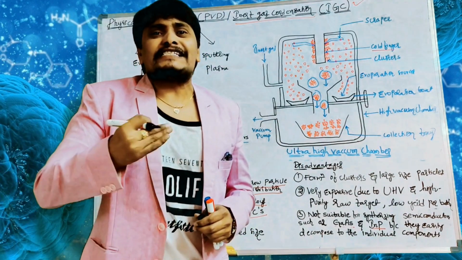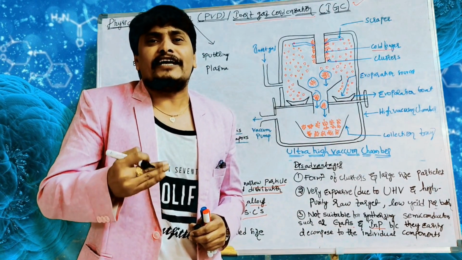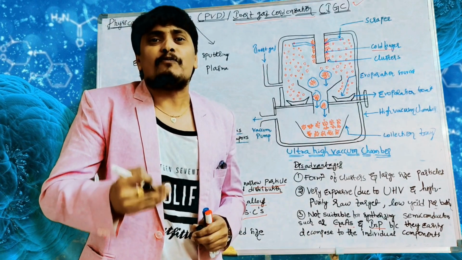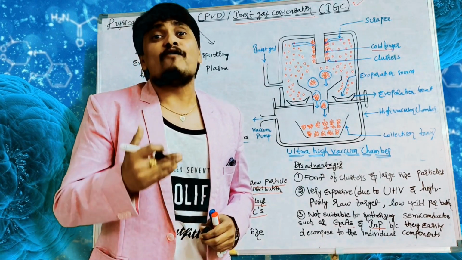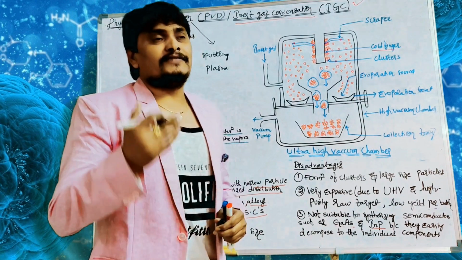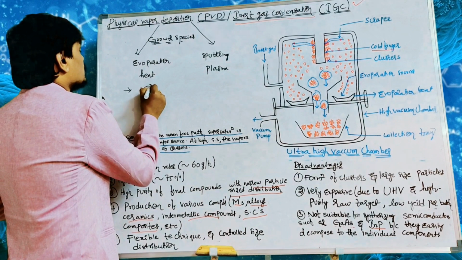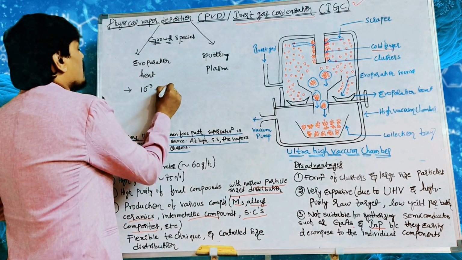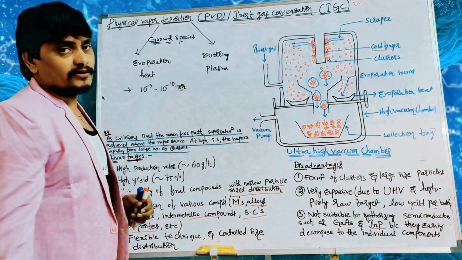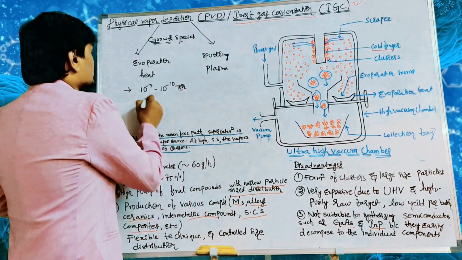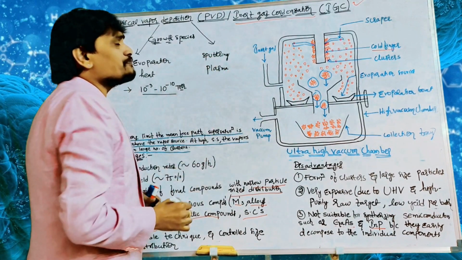Let us see the range of that very low pressure: 10 to the power of minus 3 to 10 to the power of minus 10 torr. Let us come back to evaporation later. Now let us talk about sputtering.